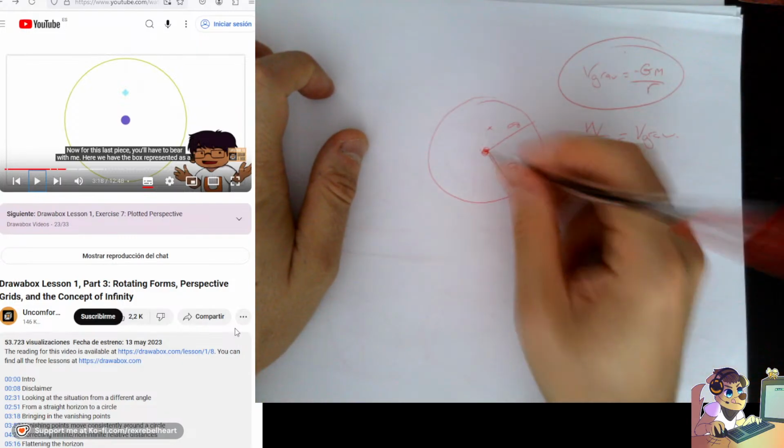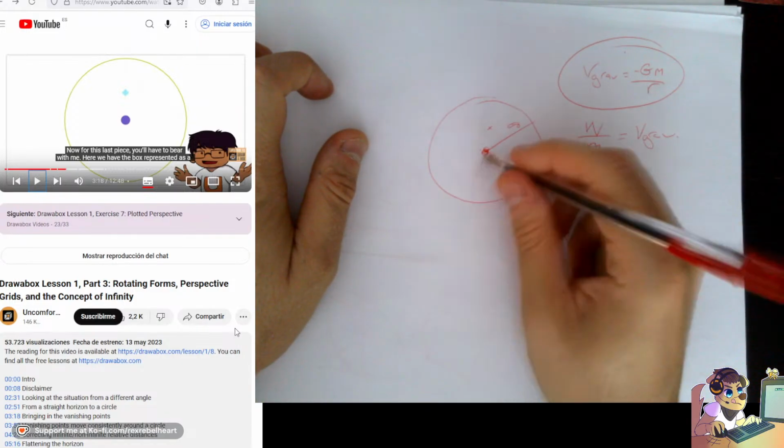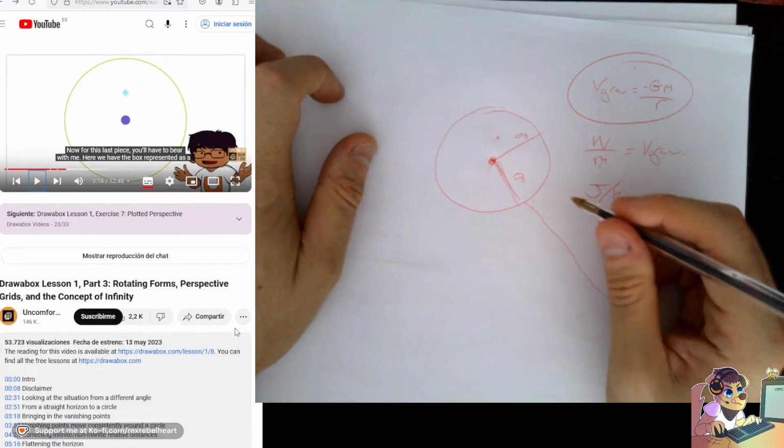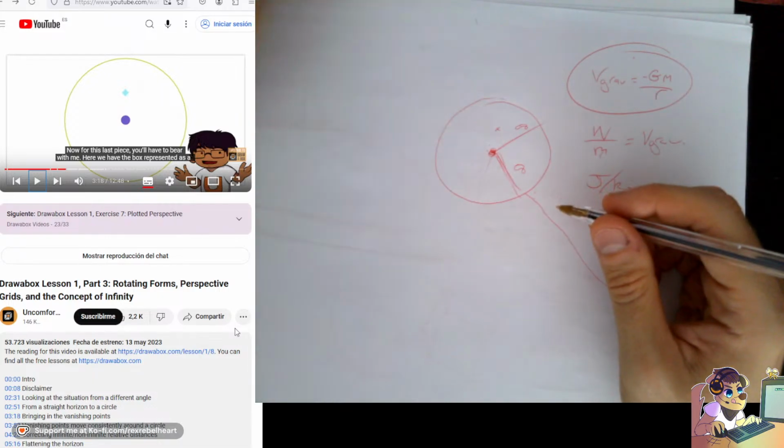And so we consider that to be a radius of infinite in the same way here. So that's just kind of Newtonian fundamentals.